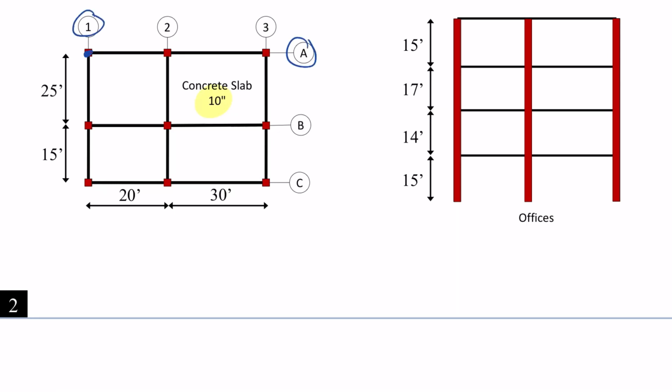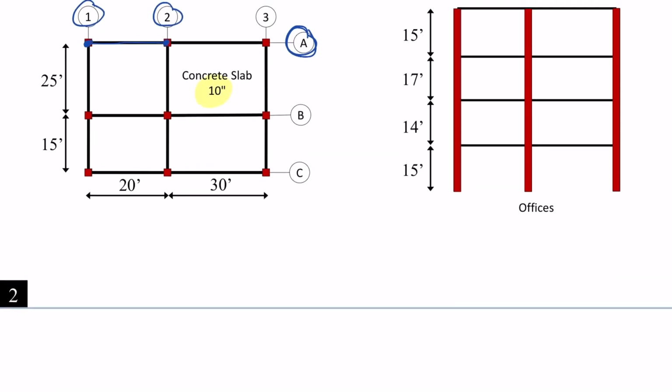I will call this point A1. This point is the intersection between A and 2, I will call it A2. So the beam from A1 to A2, I will call beam A1, A2.